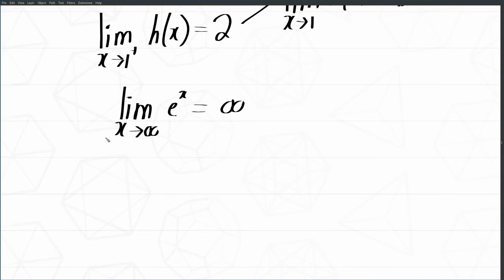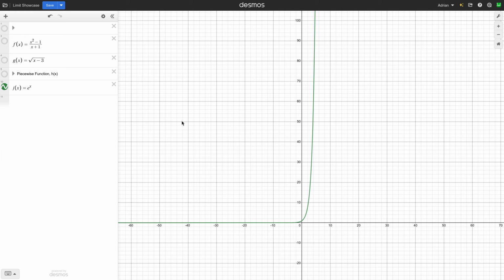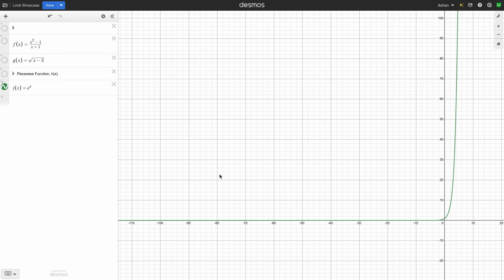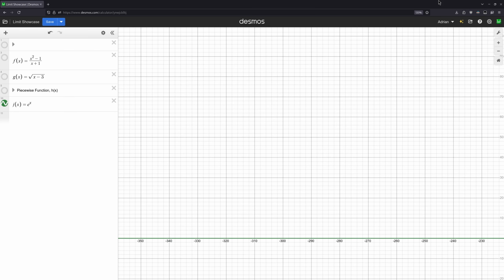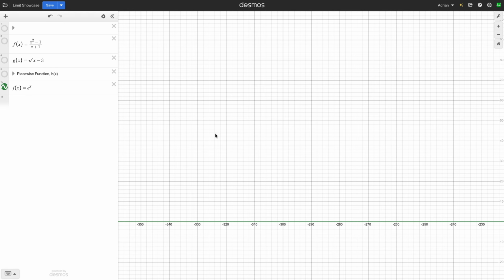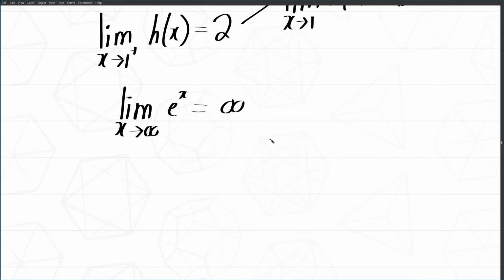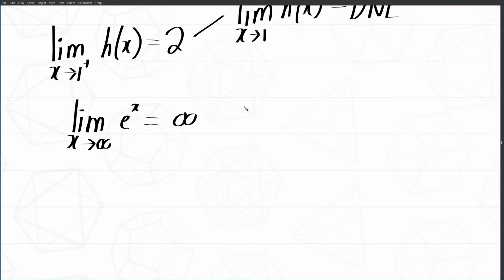And if we want to do the left side here, as we approach negative infinity, we can see it essentially just flatlines to 0. So another limit we can do from here, limit as x approaches negative infinity of e to the x, we approach 0.